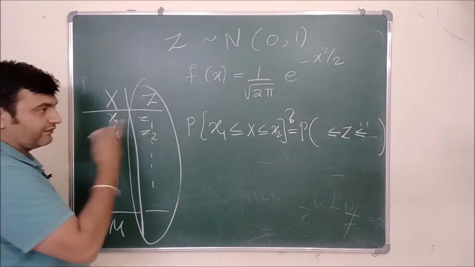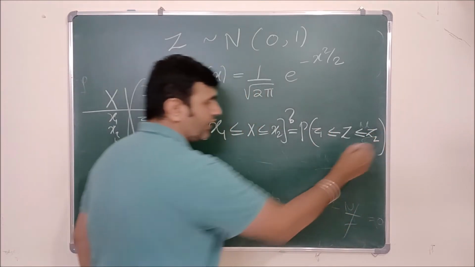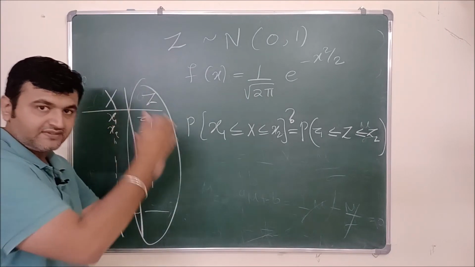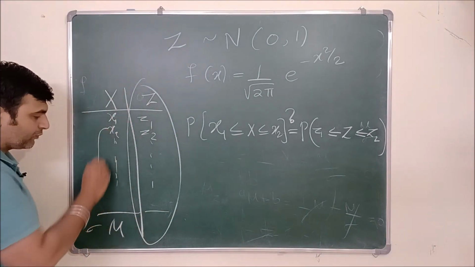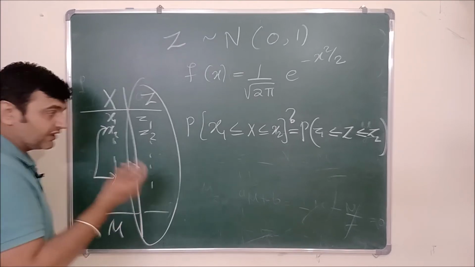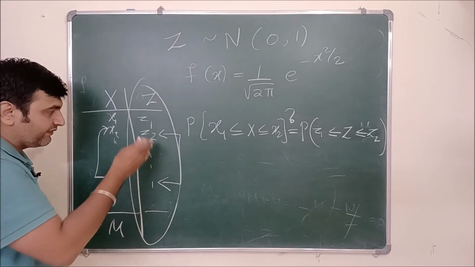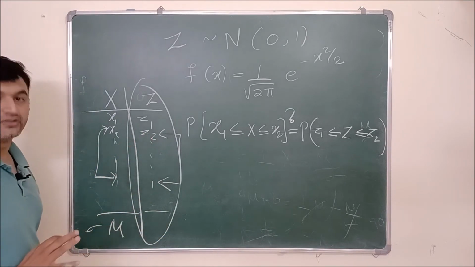So like for x1 we have z1, for x2 we have z2. So for these xi's we have zi's, and if I want to find the probability between two data points, is that same as finding the probability between the data points in the z distribution?